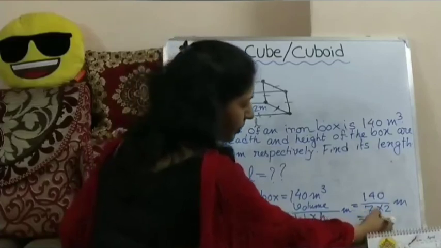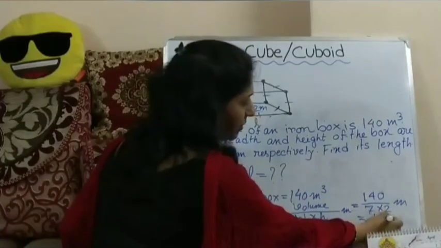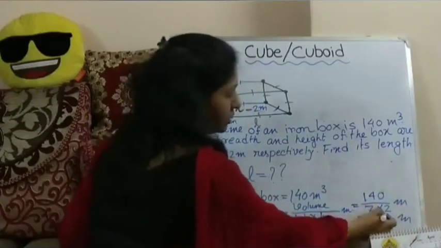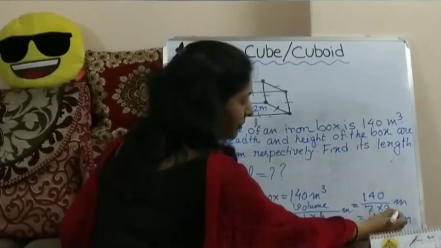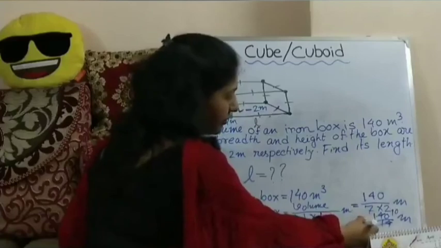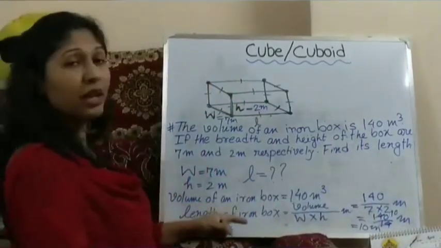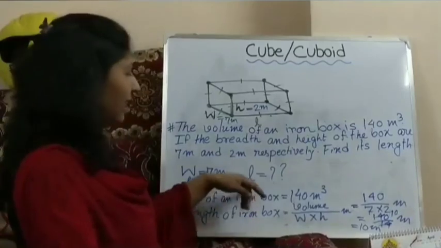So 140 by 14 meter. So it will come 10 meter. So this is the way we got our length.